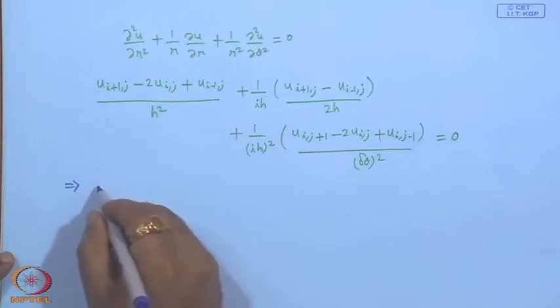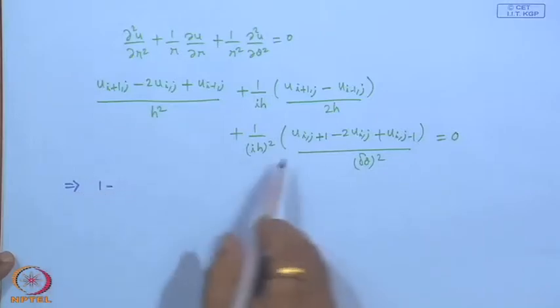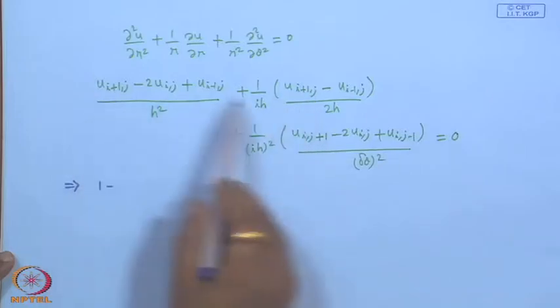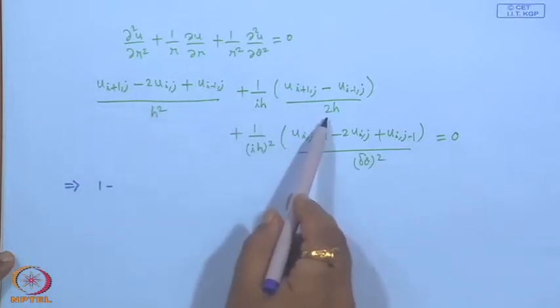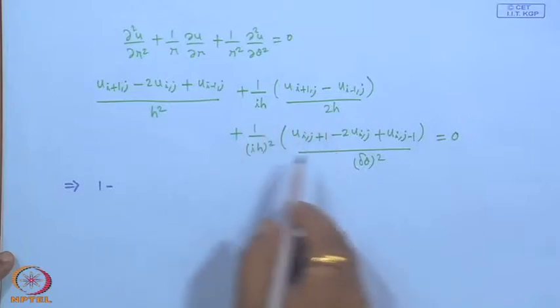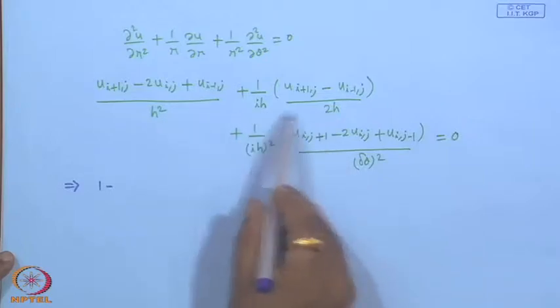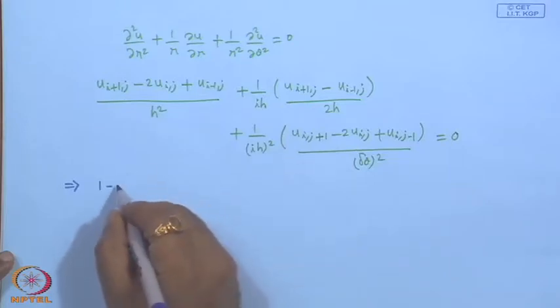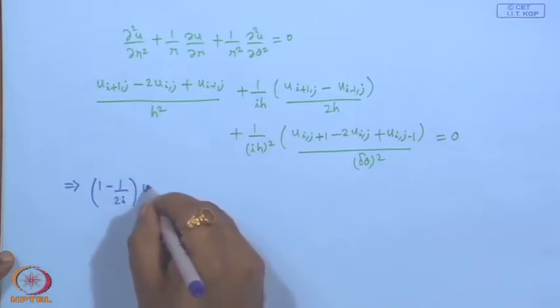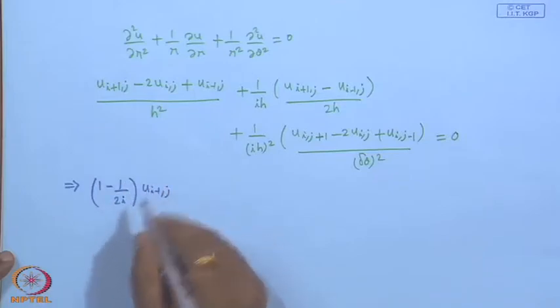If we simplify, let us collect, this is I plus 1 j and we have I plus 1 j and we have 2 h here. So, if we take h square common, 1 minus 1 by 2 I, u I minus 1 j.